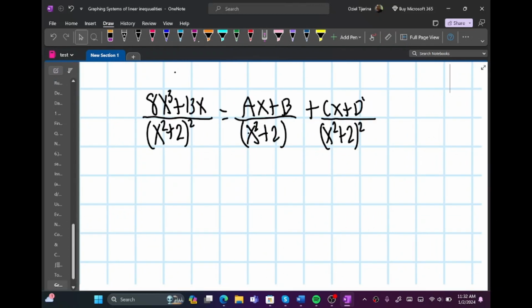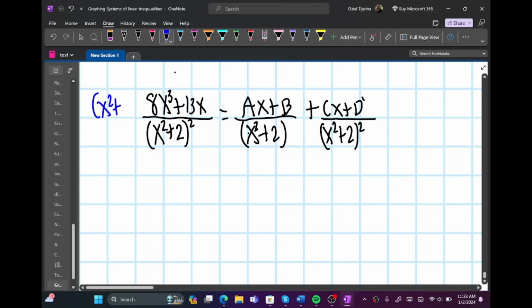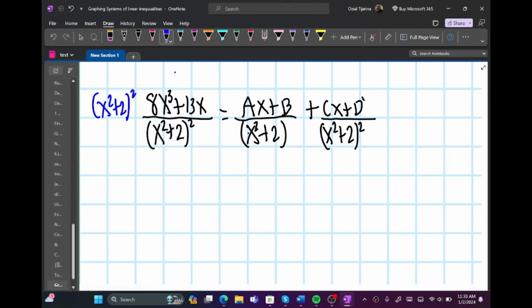Because I need to get rid of the denominator on both sides as much as I can. Obviously, on the left side, we need to get rid of the denominator completely. So what I'm going to do is multiply by x squared plus 2 quantity squared on both sides. If I do it to one side, I have to do it to the other side as well.